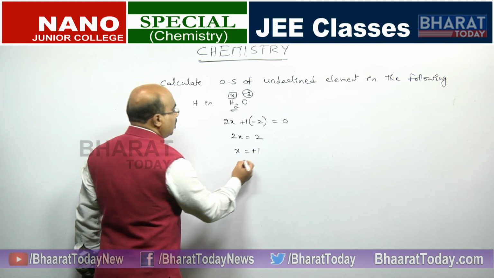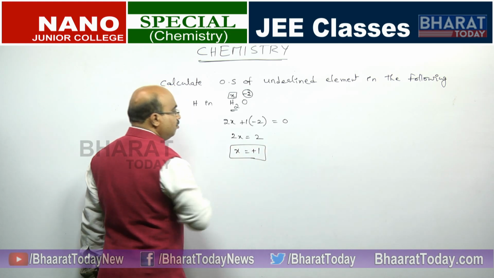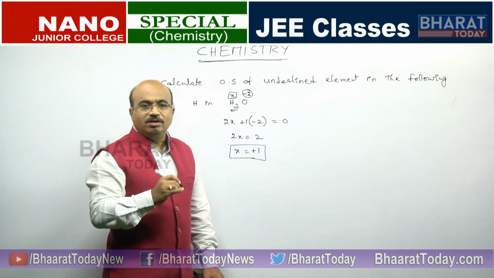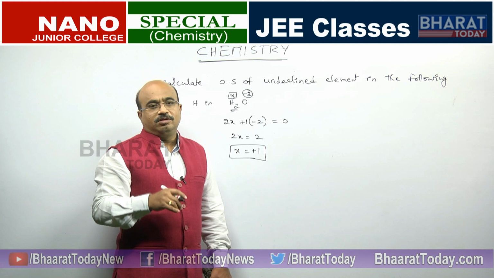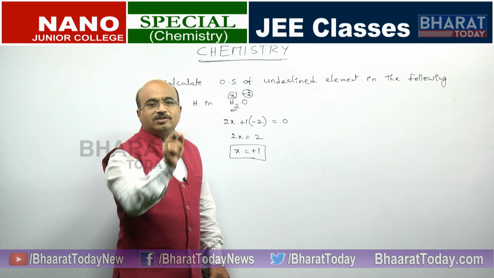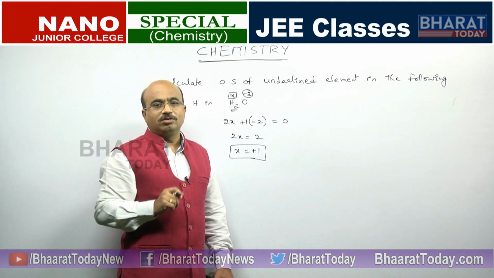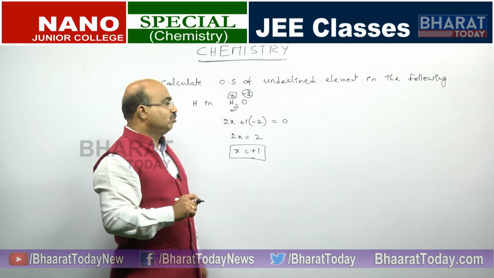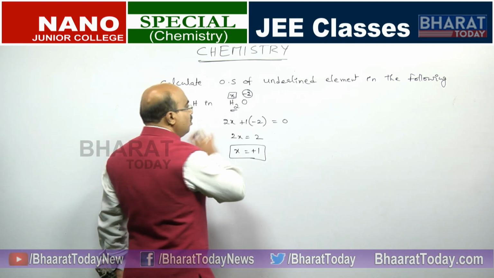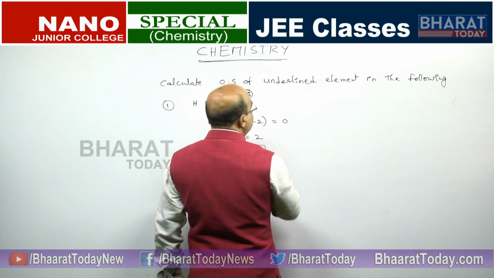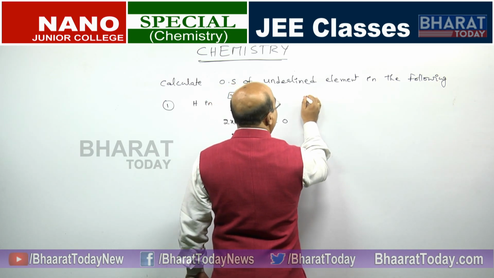So, what is the oxidation state of hydrogen now? We will say +1. If you say 1, somebody puts minus there, then your answer will go wrong. So, do not ever write only numbers, always write the sign. So, let us see the next.